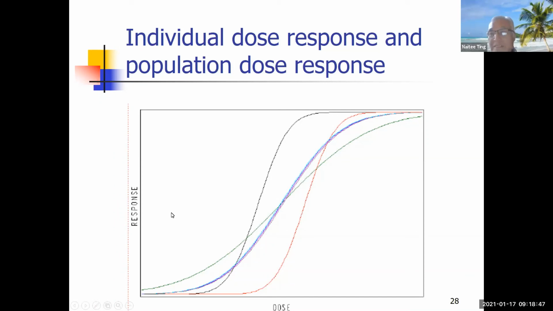So we don't get to see individual dose response. The best we can see is some kind of average response like this curve, because in clinical trials, we're looking at population phenomena, not individual phenomena. We use a group of patients to try to guess where the response is.